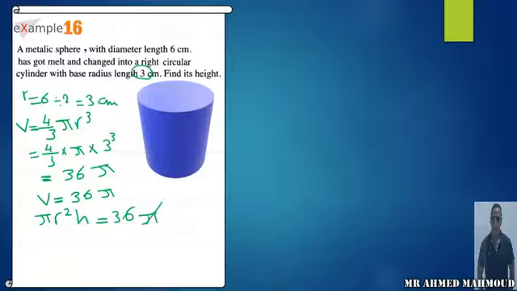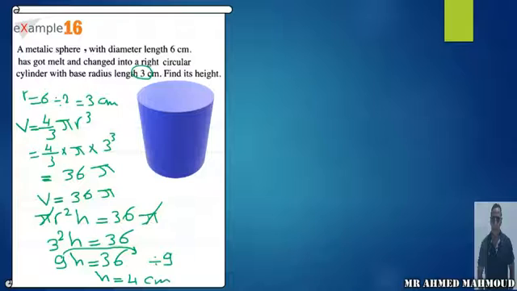By cancelling pi on both sides, and writing in place of r 3 squared, equals 36. Then 3 squared equals 9, so 9h equals 36. I'm going to send the 9 to the other side, then h equals 36 divided by 9, which is equal to 4 centimeters. Then the height equals 4 centimeters.